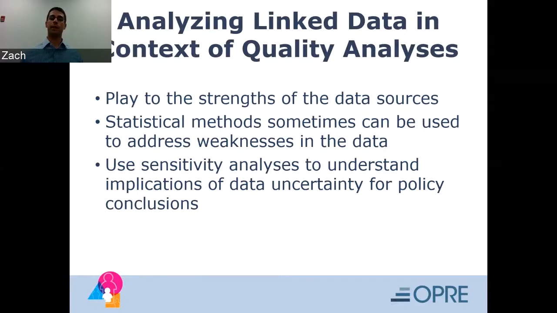But there are other states where we can do a good analysis, and even though we have not hit a 90% threshold, we can use statistical methods to compensate for the non-linkage there.